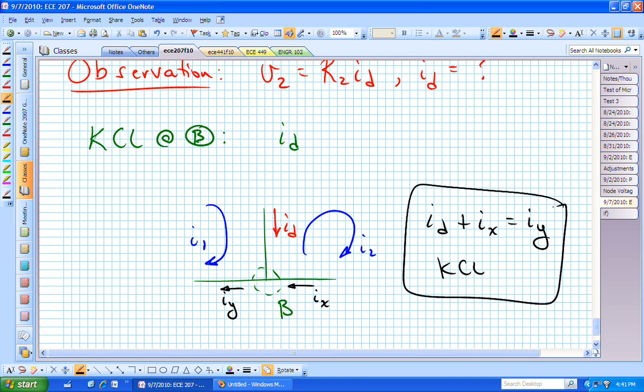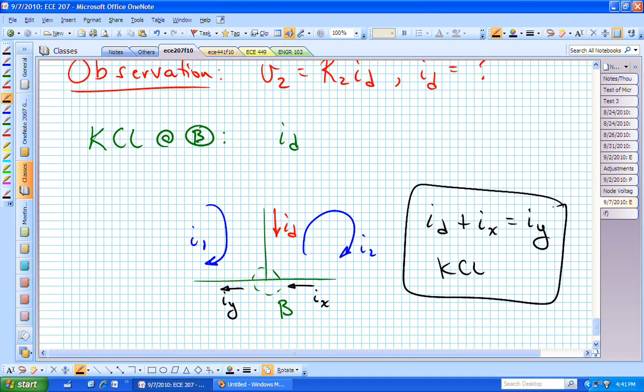What I now need to convince you of is that I sub x, the only current flowing in that path, is which current? What's the only current flowing through or defining I sub x? I sub 2. What is the only current making up I sub y?